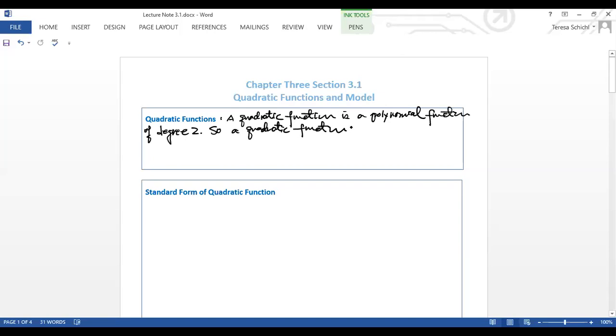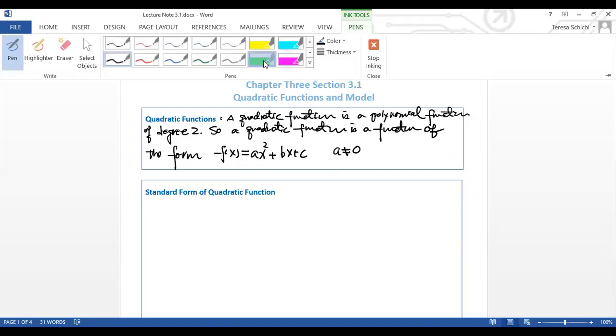A quadratic function is a function of the form f of x equals ax squared plus bx plus c, and here a cannot be equal to 0, because if a equals 0, then the x squared term is going to cancel, right?